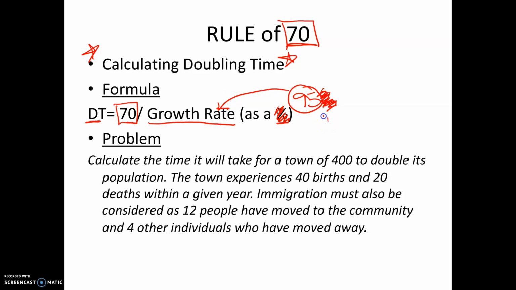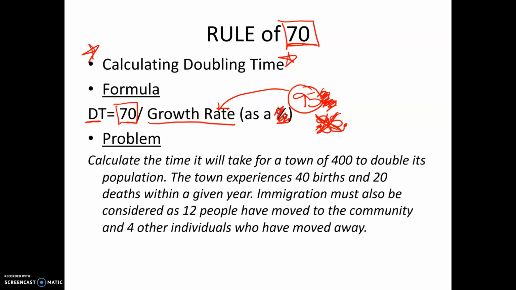We do not take that and move it over and make it a decimal. No. Don't do that. Make sure to always take it as a percent and just completely plug it in.